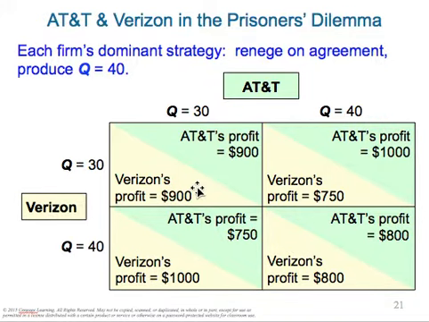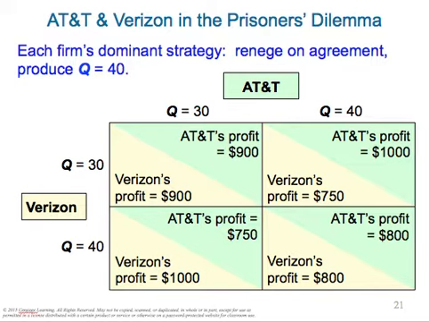If they were working in a better collusion, better cartel, they'd realize, okay, the thing to do is to make 900. But they're both going to produce 40 because that's both their dominant strategies, and they're both going to end up with 800, which is not the highest payoff on the board. In fact, in this particular board, it's not the lowest, but it's not the highest for sure. Take a moment to let that settle in.